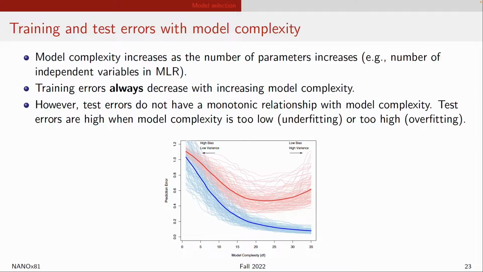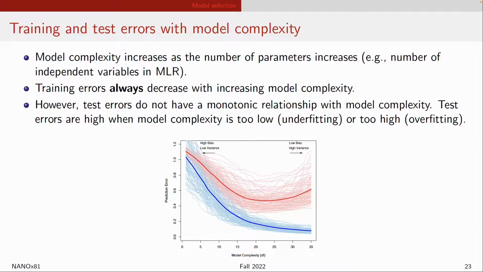And when you apply the model to some independent test data, the error is also high. So you have this scenario of overfitting of the data. In other words, not enough features, not enough model complexity, you have underfitting of your data. Too many features, you have overfitting of the data, right?